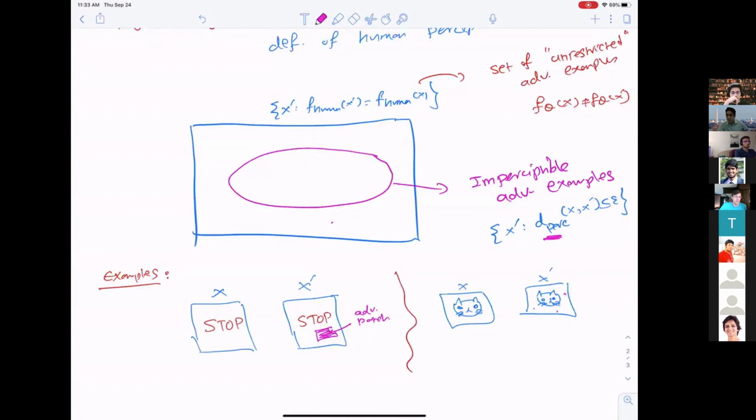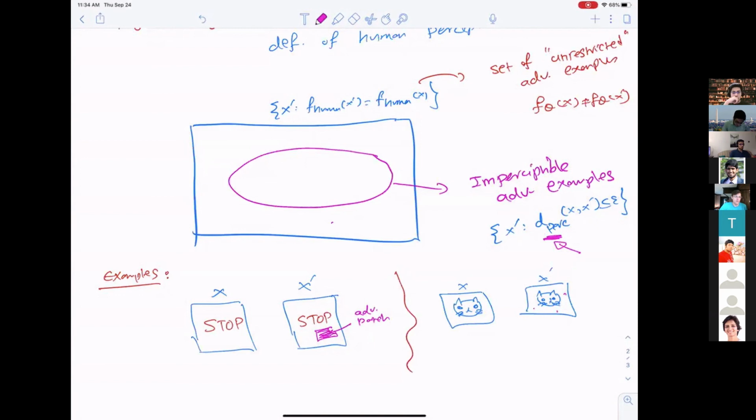In one of the lectures, I'm going to talk about a function that can perhaps approximate human perception later on. But one way to think about this problem, and that's how we are going to start the adversarial robustness lectures, is to consider specific threat models within this imperceptible adversarial example set.